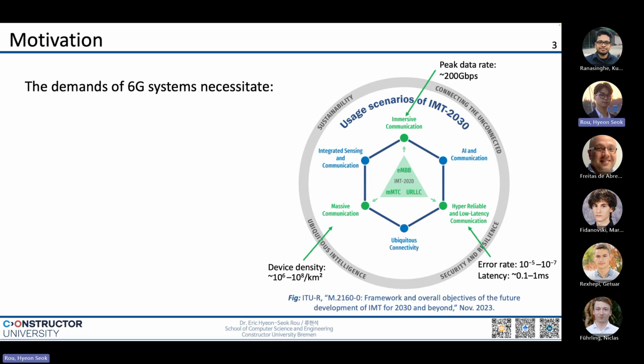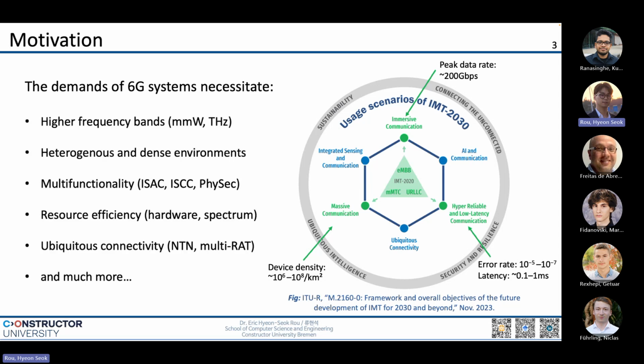All of this requires a bunch of new technologies and also implies a lot of different applications and assumptions. For example, this means that we will definitely go into higher frequency bands such as millimeter wave and even sub-terahertz or terahertz. All of these applications will also mean that we will be subject to more heterogeneous and dense multipath environments of the wireless channel.